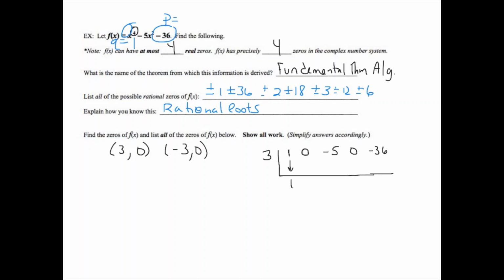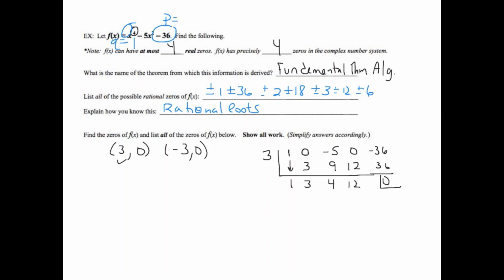So I bring down the 1, 3 times 1 is 3, 0 plus 3 is 3, 3 times 3 is 9, -5 plus 9 is 4, 3 times 4 is 12, 0 plus 12 is 12, 3 times 12 is 36. And that should make sense because 3 was a 0, so it should give us a remainder of 0.